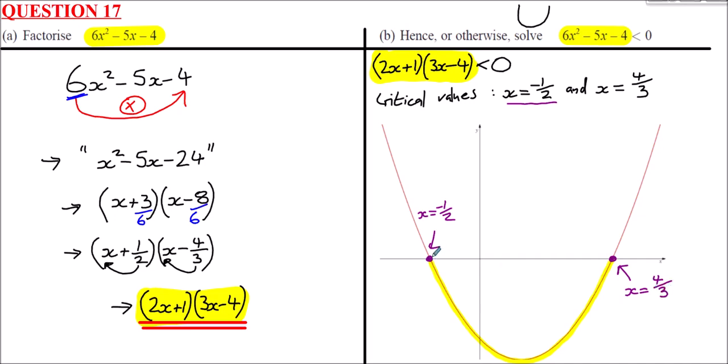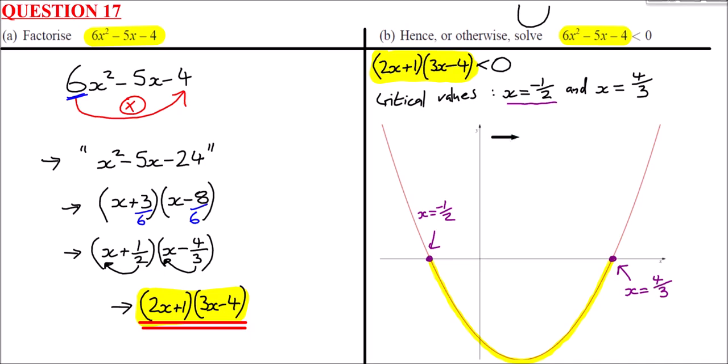I want x in between these 2 purple dots. I want x to be more than minus a half, all the way up to, but not including, 4/3. So because I want this yellow portion of the graph, which is in between the 2 dots, something in between 2 things, I think of it as a sandwich. So the answer to this is going to be an inequality sandwich with x in the middle.